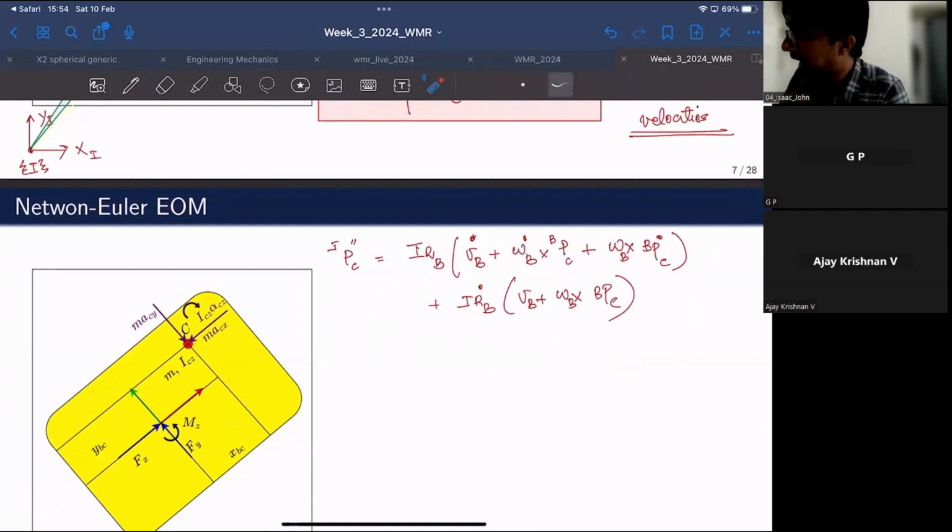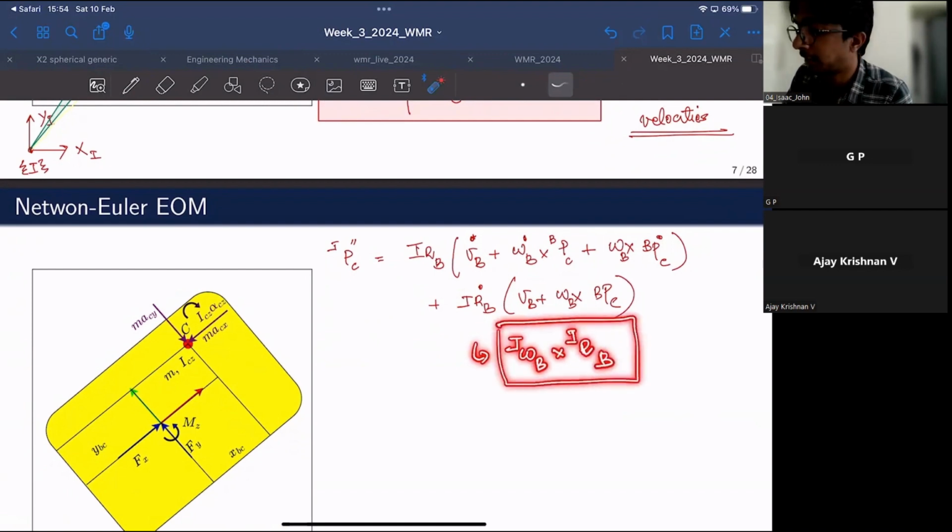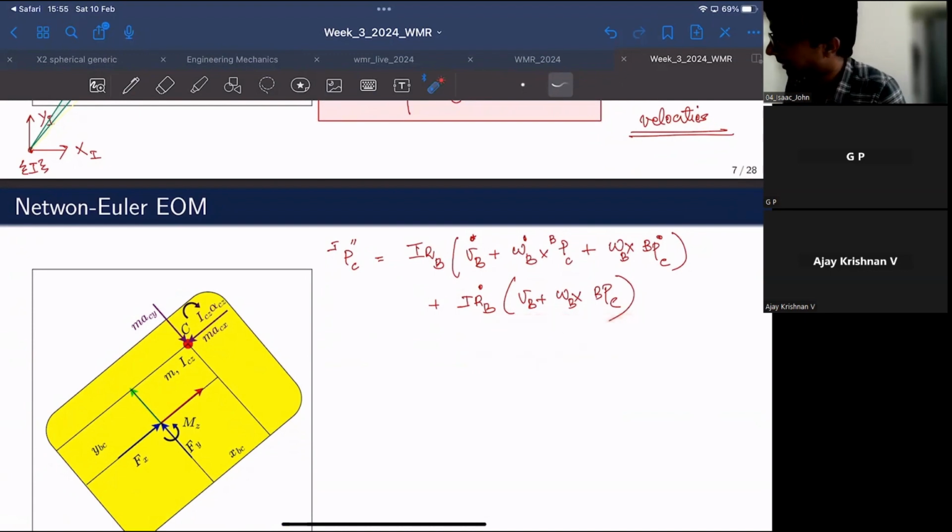And you also know what the derivative of the rotation matrix is going to be. This is nothing but omega B, I omega B cross IRB, because we have seen this earlier. So taking everything into consideration, we can write this as IRB multiplied by VB dot plus omega B dot cross BPC, and this term is 0, so we don't have to write it.